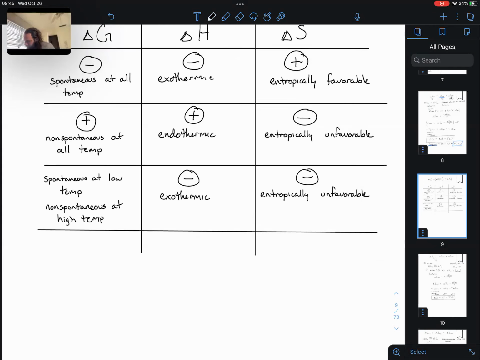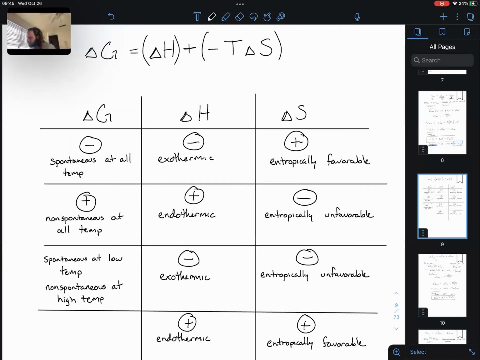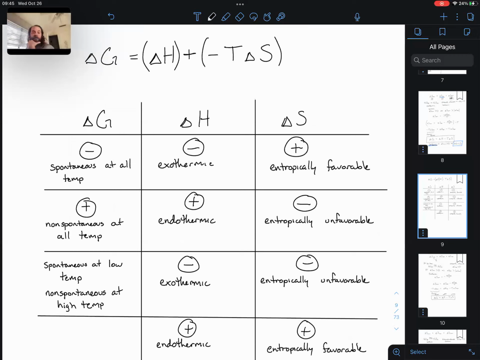Okay, and then our last situation here, sort of the flip side of what we just saw. Now we're going to take an endothermic reaction, but one that is entropically favorable. And now we're going to see sort of the exact opposite of what we saw before, right?